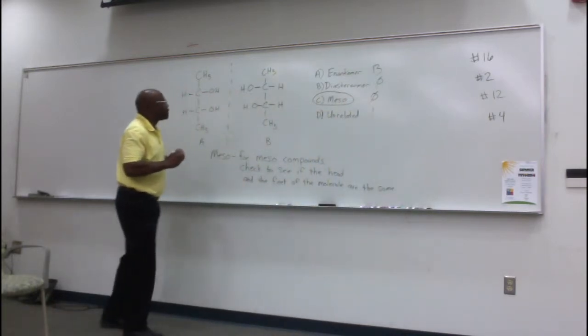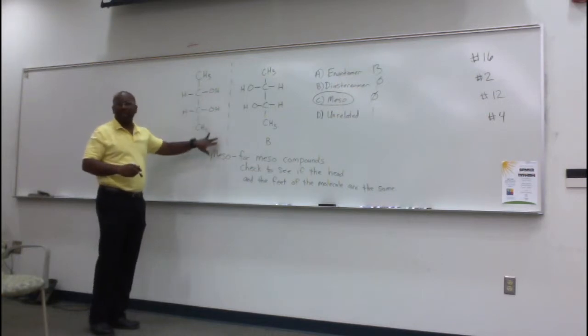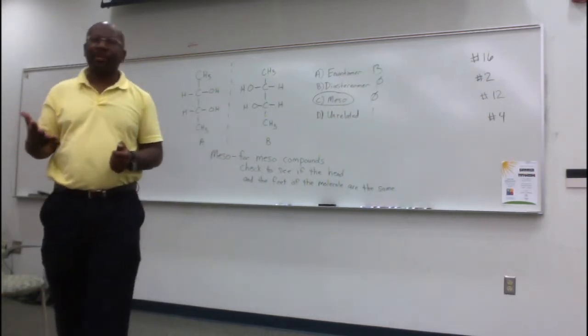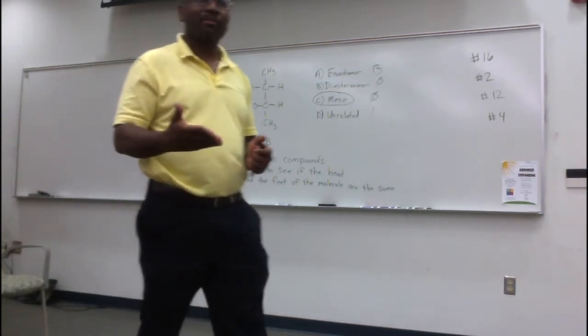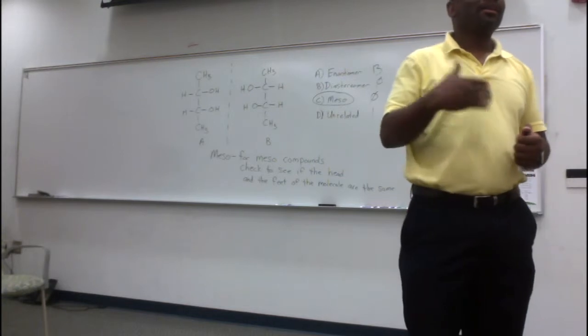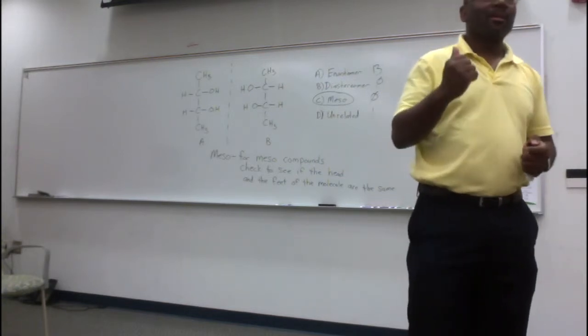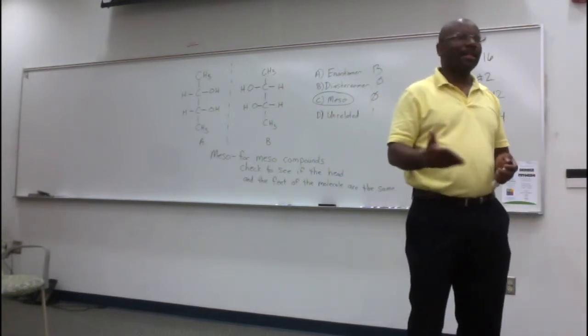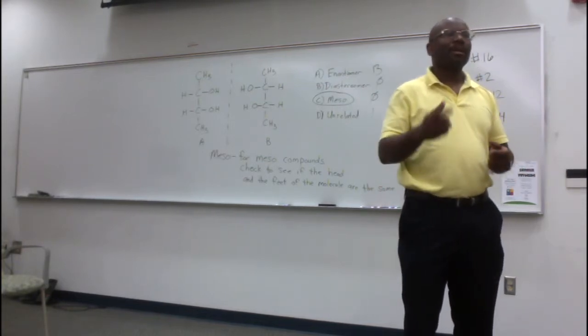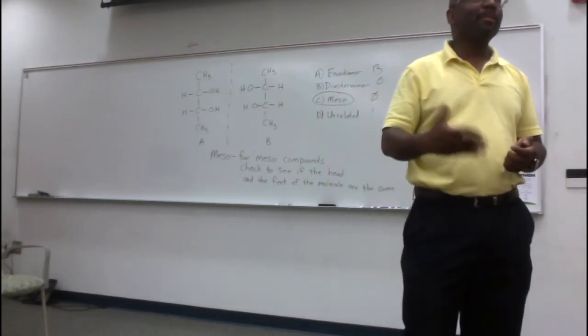Again, the first thing you probably looked at, you got fixated on the fact it's a mirror image. Remember we gave the definition for stereoisomers. We gave the definition for an enantiomer, which is a stereoisomer, non-superposable and non-identical mirror images. We gave diastereomer as a stereoisomer, non-superposable, non-mirror images.